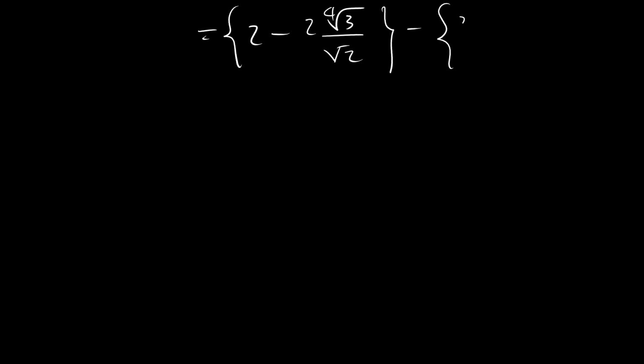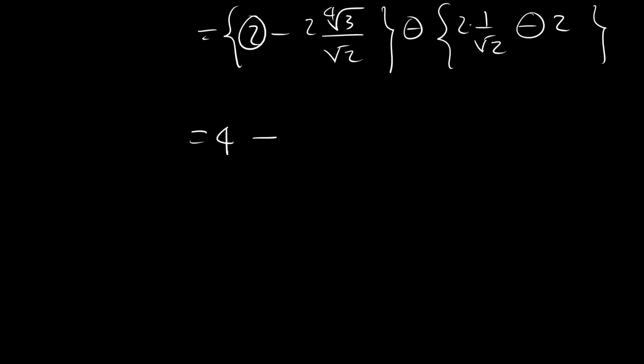Okay, so in essence we do have 2 minus 2 fourth root of 3 over root 2, minus 2 minus 2. So this and this means that we do have a 4 because we're adding to this, and then we have root 2 fourth root of 3 minus root 2.